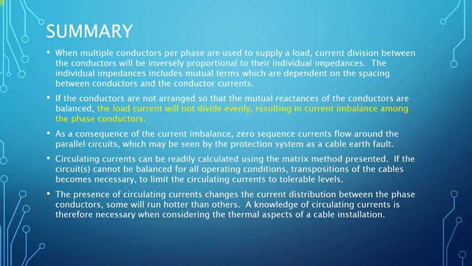The other thing to note is that the presence of circulating currents changes the current distribution between the phase conductors. Some will run hotter than others. So a knowledge of circulating currents is necessary when considering the thermal aspects of any cable installation.